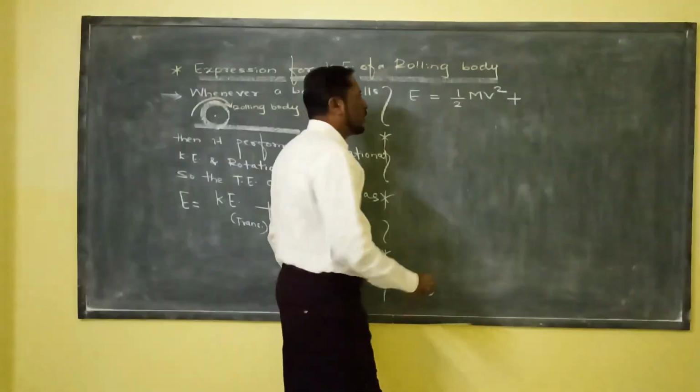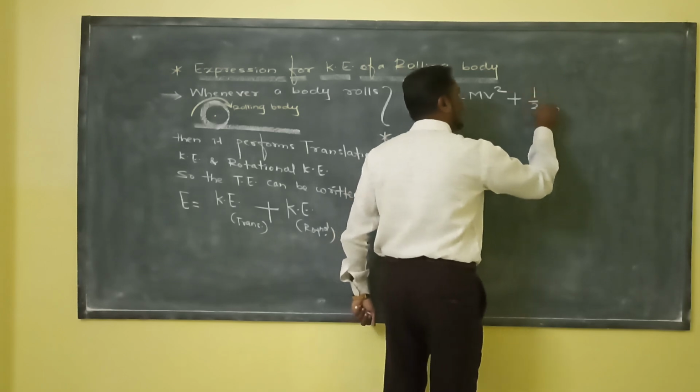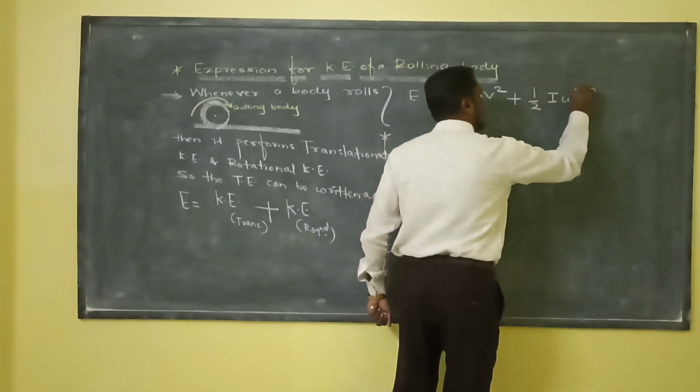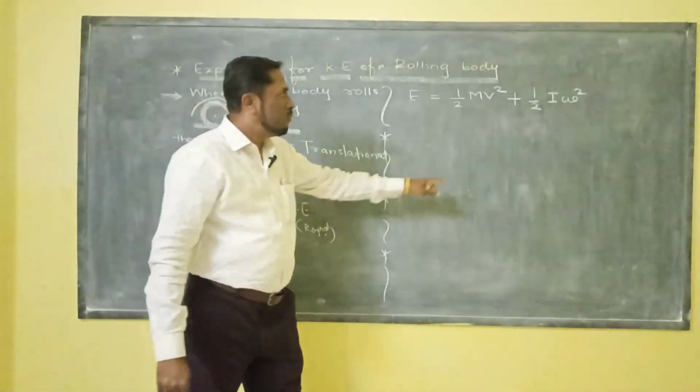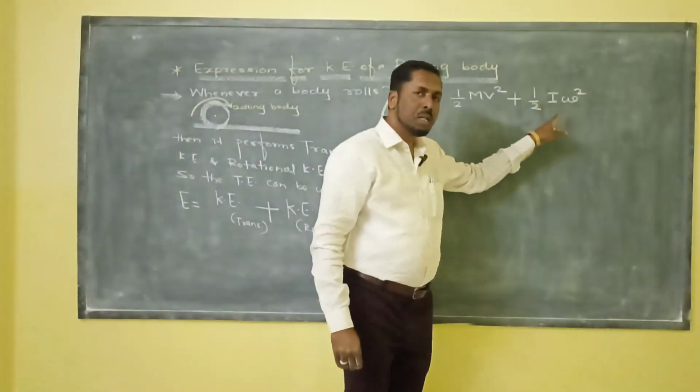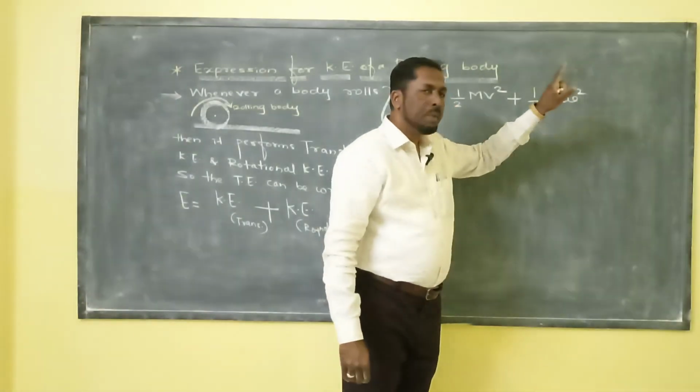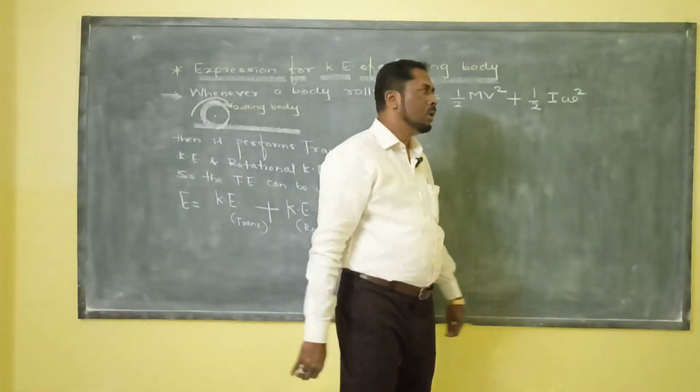The general formula for rotational kinetic energy is 1/2 I omega square, where m is the mass, v is the velocity of the body, I is the moment of inertia, and omega is the angular velocity.